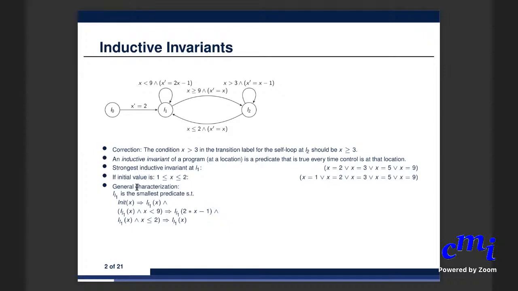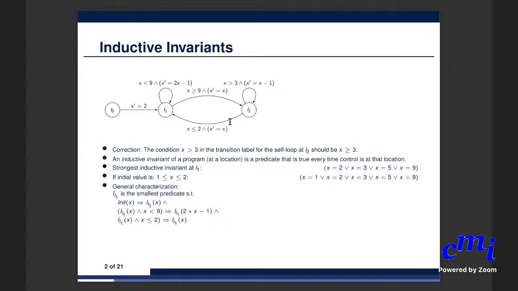Okay, so in this case, the computation corresponding to the self loop can get executed only if X is less than 9. So if you're already in that location, and X is less than 9, then you should include 2 times X minus 1 as well, because that's the assignment that gets made.